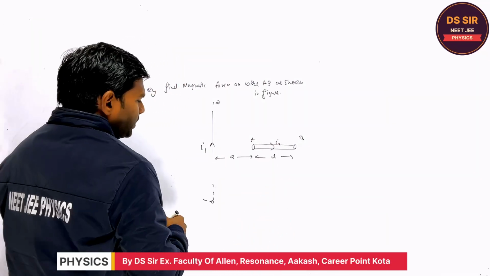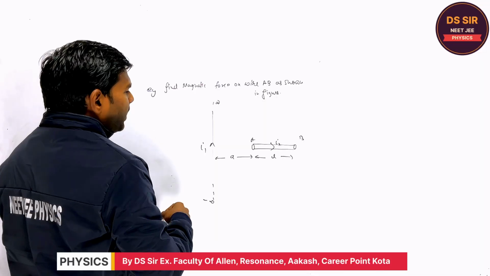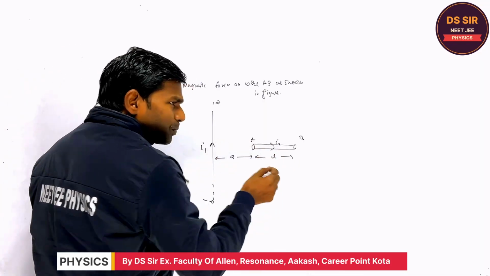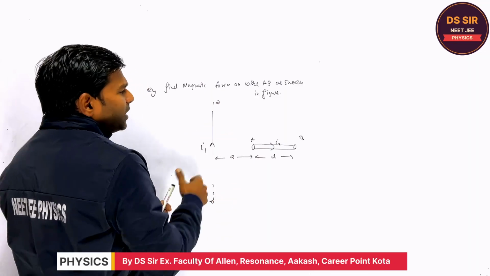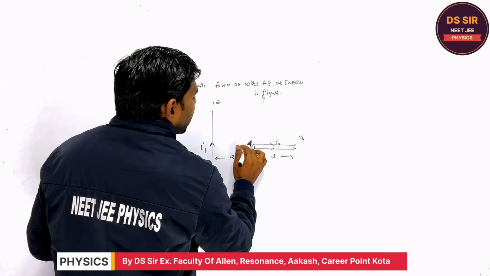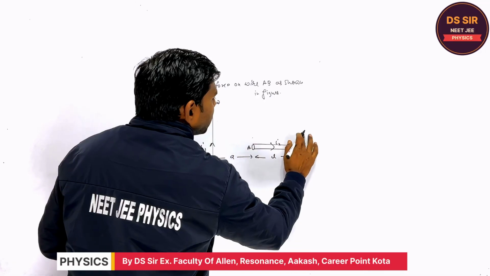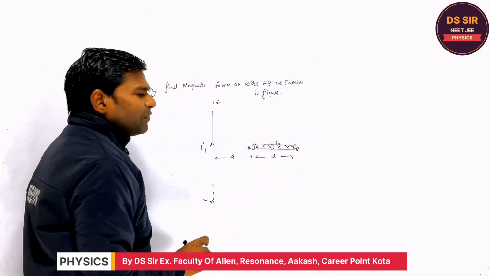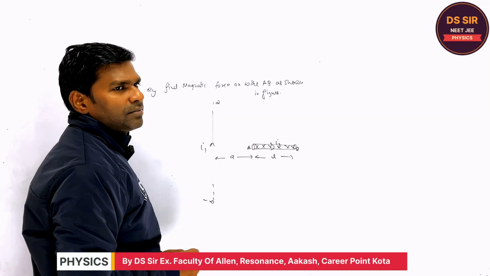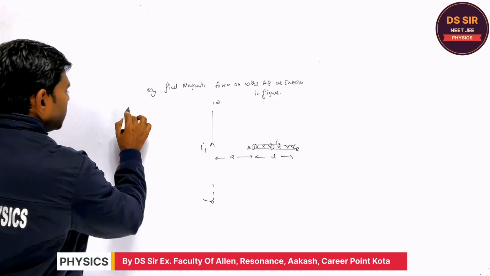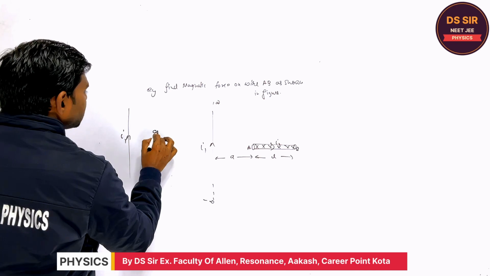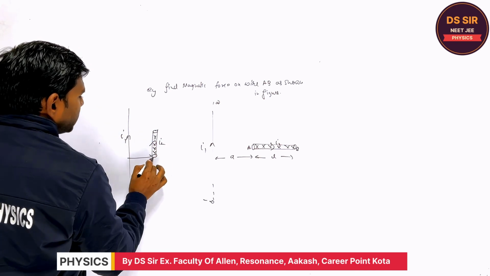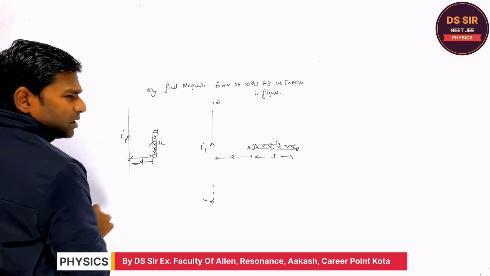Listen. This is the infinite current carrying wire and because of this wire, AB is placed in the magnetic field. Suppose this is A and B, there is a magnetic field everywhere. But this magnetic field is not constant. In the previous question, the wire was parallel, so the magnetic field at that distance was constant.